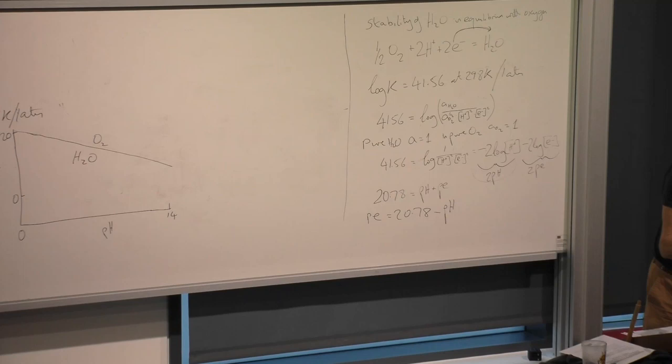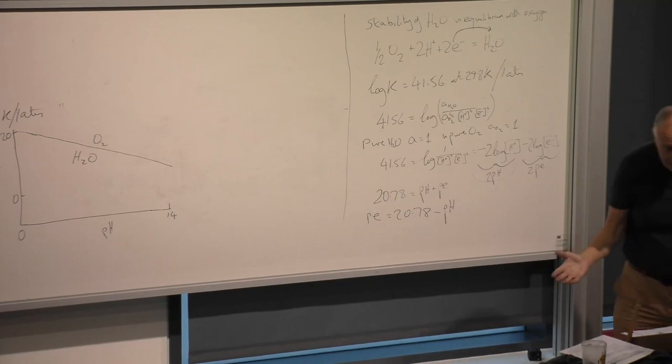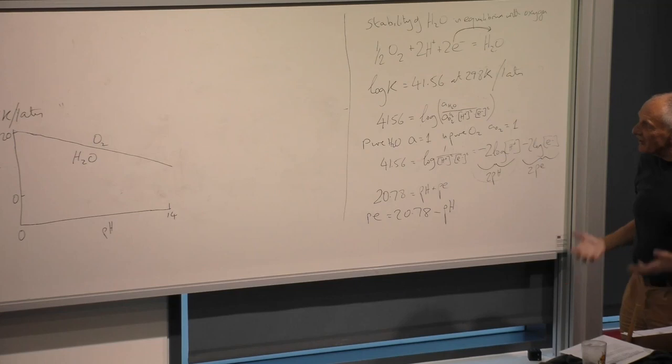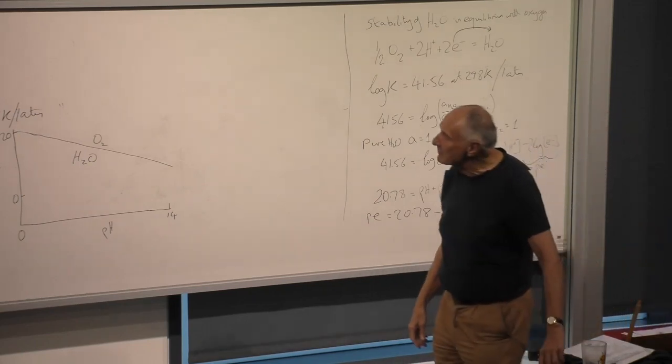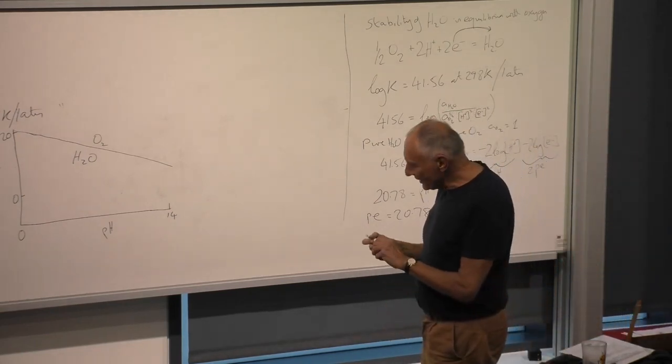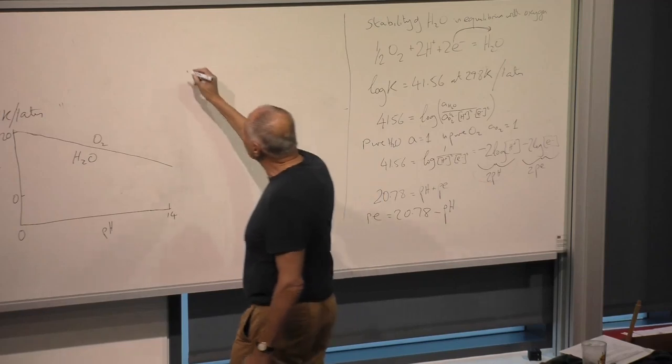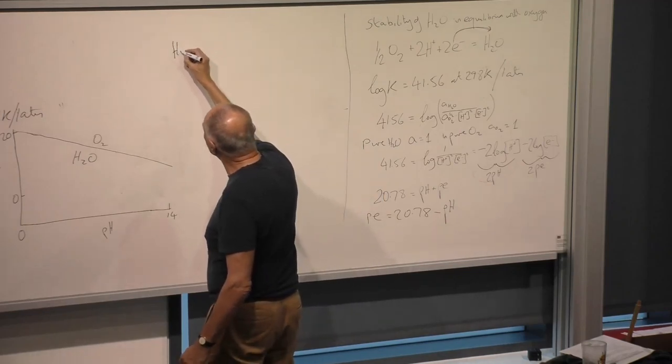The opposite of oxidation is reduction, and to reduce things, we stick them in hydrogen. Hydrogen is one of the most, probably the most reducing substance on Earth. So we consider then the hydrogen electrode, where we have 1 atmosphere of hydrogen pressure.